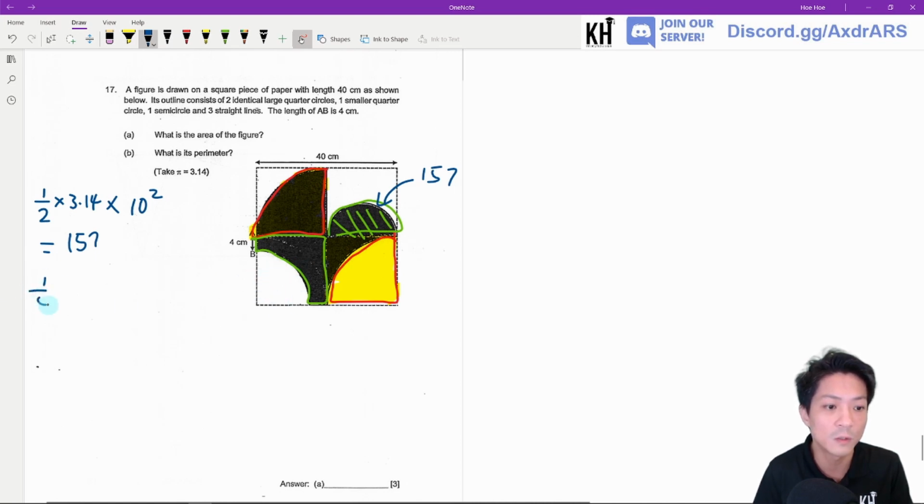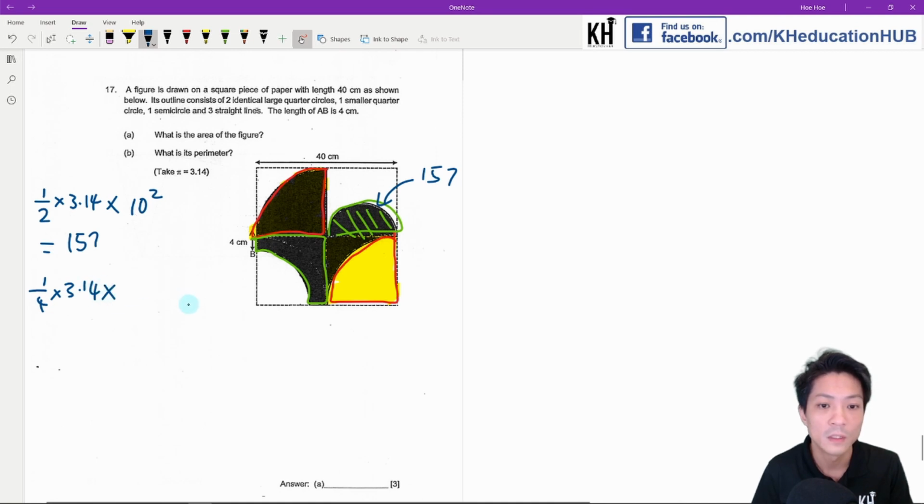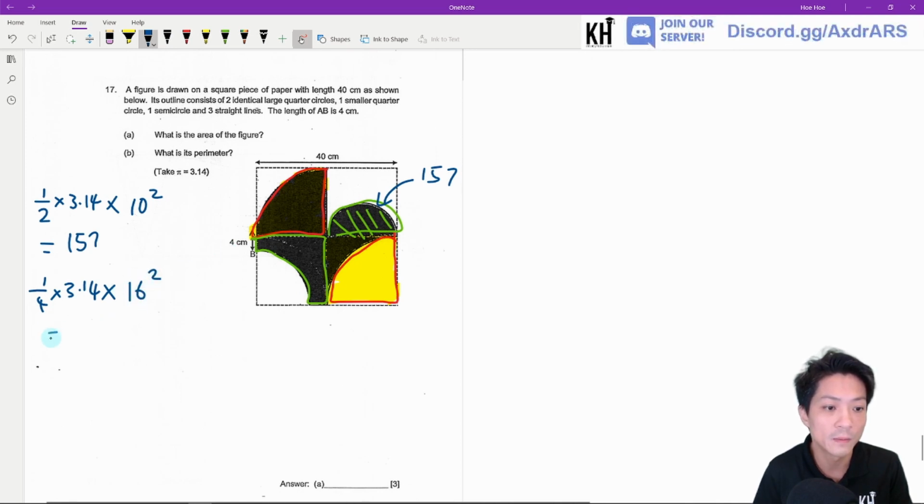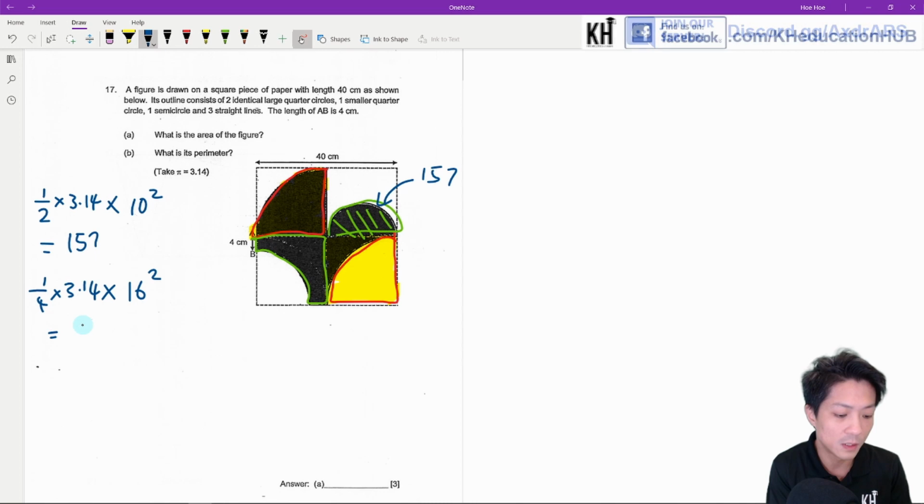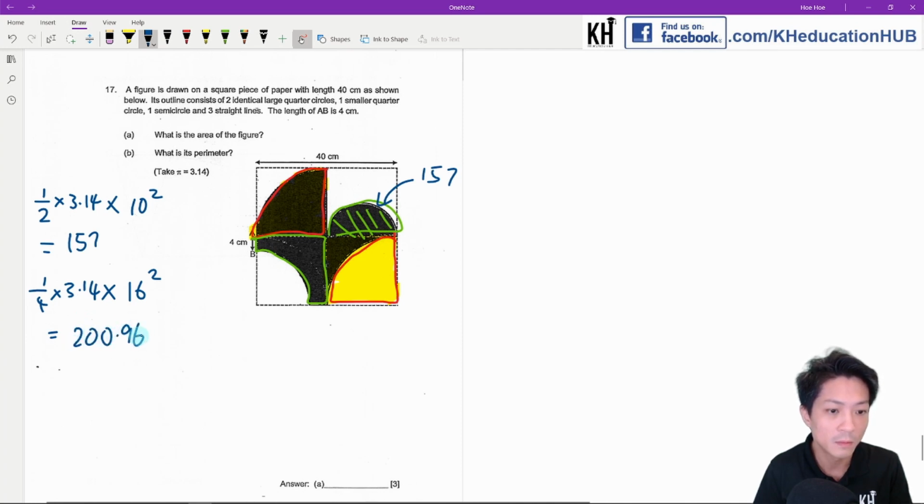Quarter circle will be 1/4 times pi times the radius will be 20 minus 4, which is 16 square. 3.14 times 16 square divided by 4, that will be 200.96.